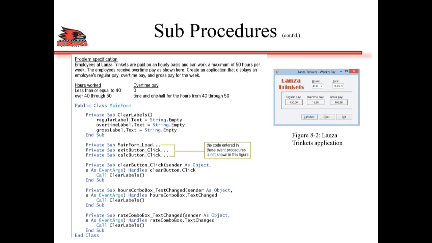Here you're calling the independent sub procedure called clear labels, and each time you call it, all those labels get emptied, or the strings inside them get emptied. You can see that instead of writing those 3 lines of code each time for each of these event procedures, you can just have call clear labels, and it makes the program look much more compact.